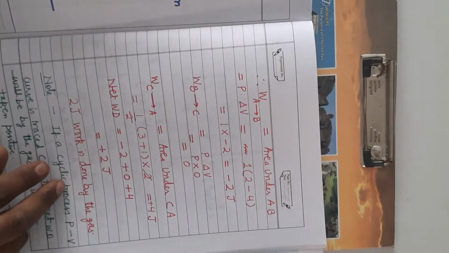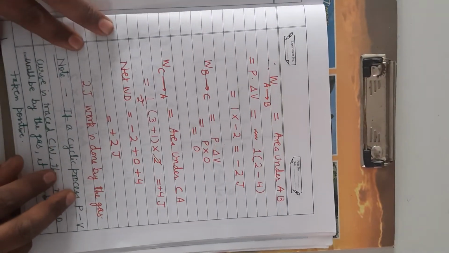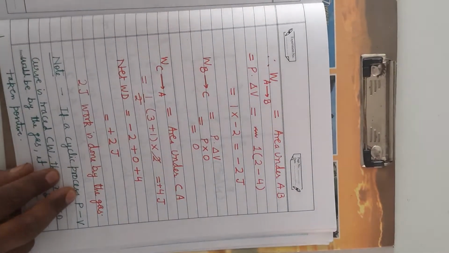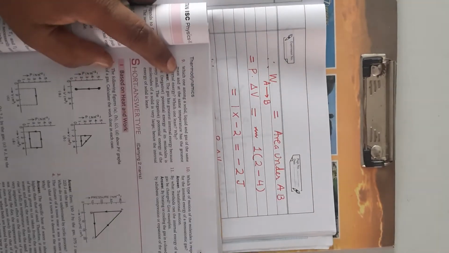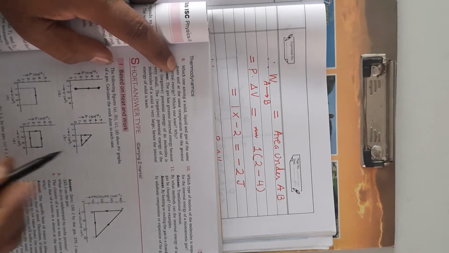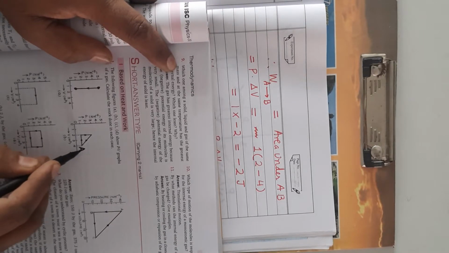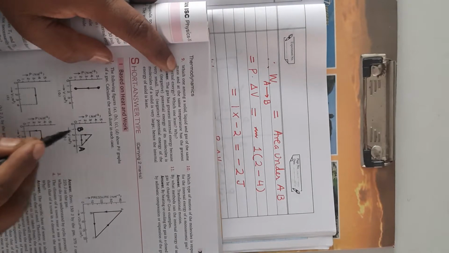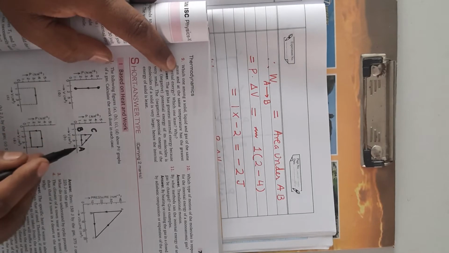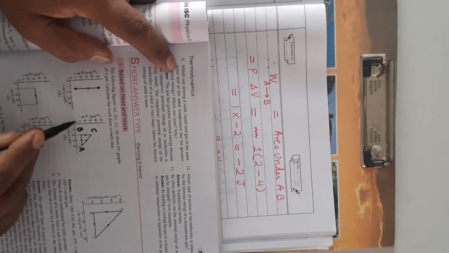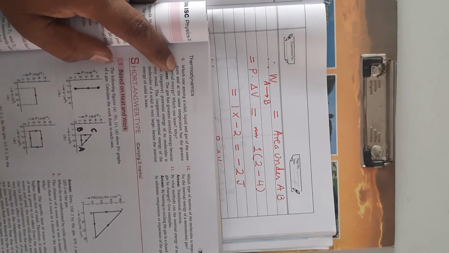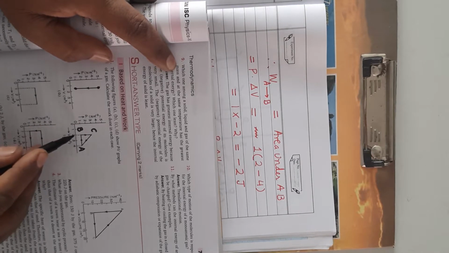So what will be the area under AB? If you see here in the book, this point I have taken as A, this B and this C. What is the area under AB? The pressure corresponds to 1 Newton per meter square. And what is the change in volume?